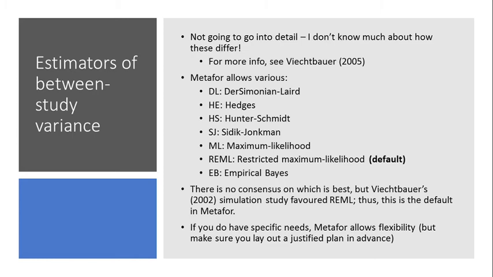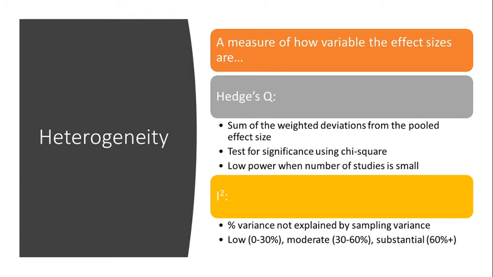What these basically can do is give you a measure of how variable your effect sizes are, and you can use various statistics to report that. So Hedges Q and I squared are two commonly used ones. Hedges Q is the sum of the weighted deviations from the pooled effect size. So you've got the mean effect size, and then how far each study is from that.